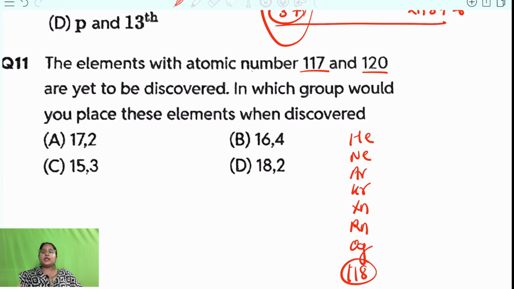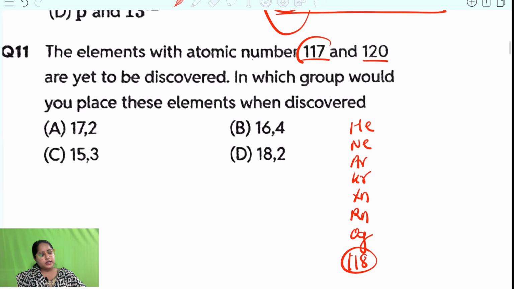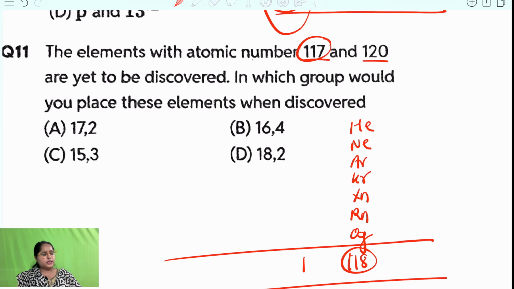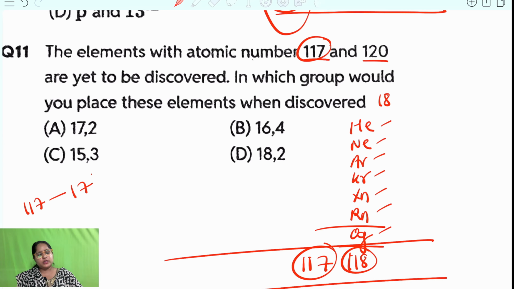For 117, it will be just before Og, in the seventh period. They are asking about the group. This is our 18th group, so just before it is the 17th group. So 117 belongs to the 17th group.